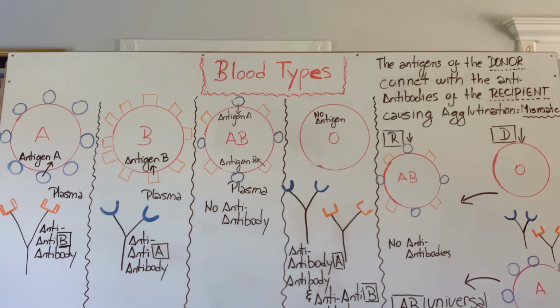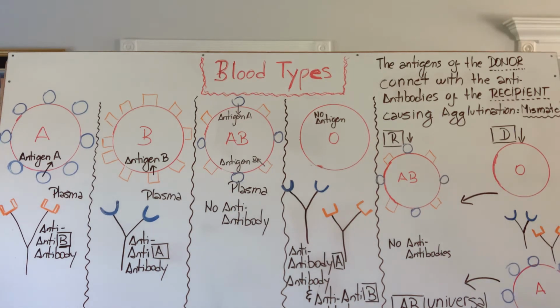Now, if this one is the recipient, I'm going to use as a donor a type O. And type O doesn't have any antigen on the surface and has these types of antibodies in plasma.